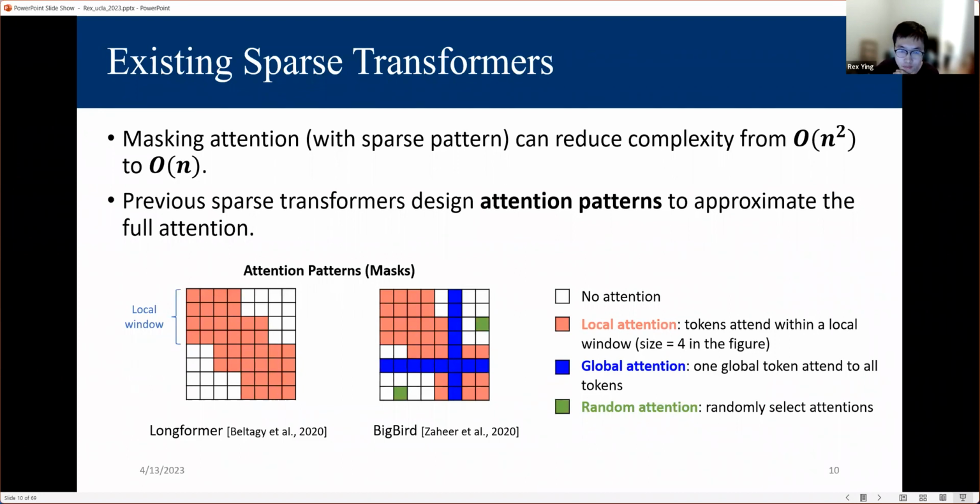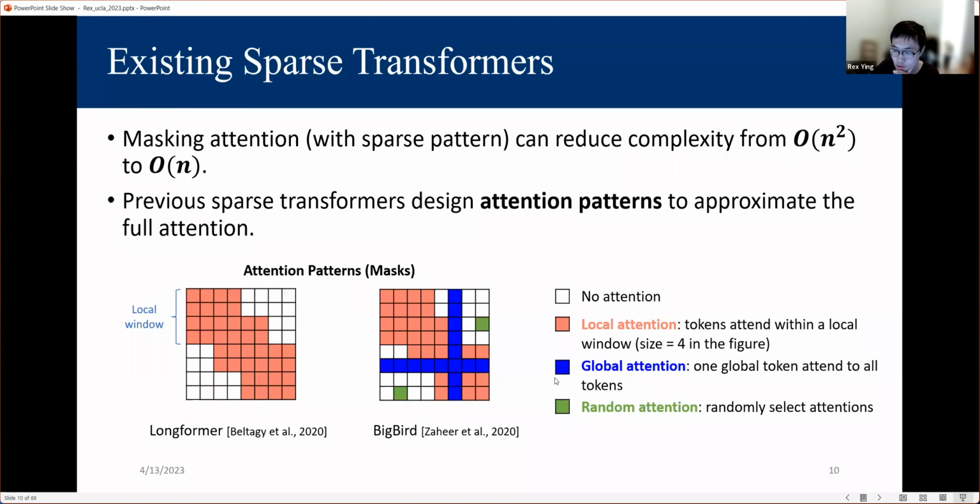Okay, and there is some existing work on sparse transformers, most notably the Longformer and BigBird, which are some of the earlier approaches that utilize these inductive biases, because people noticed that a lot of times, most likely the words are going to pay attention to words that are nearby. So they created this local attention pattern. These are the red blocks that are sort of block diagonal.